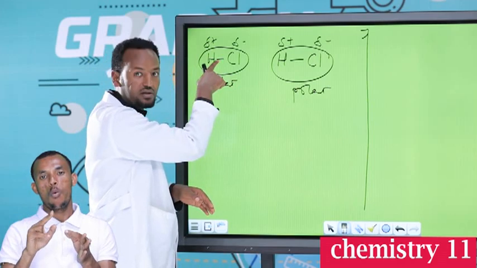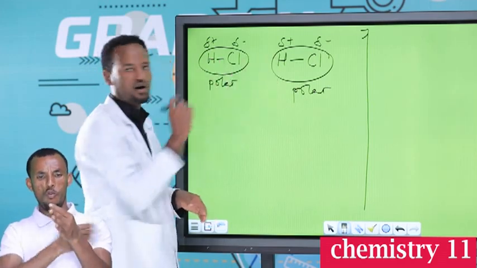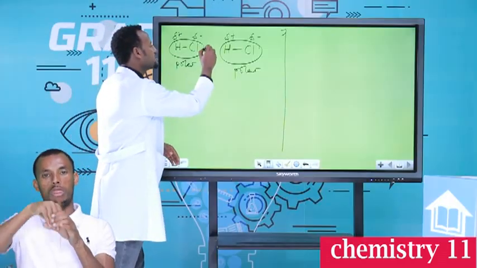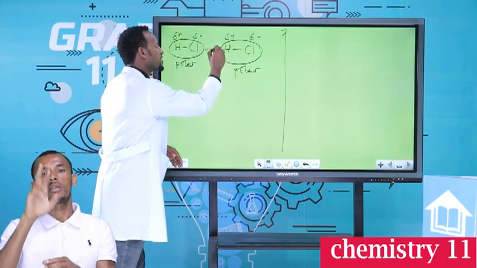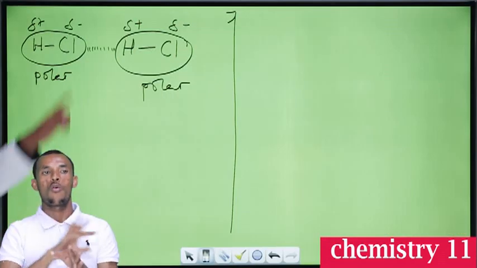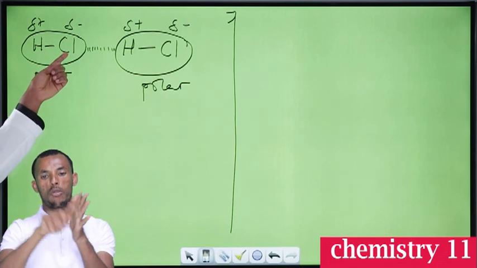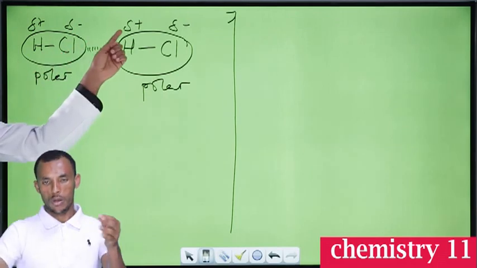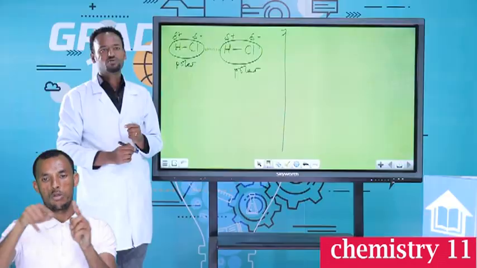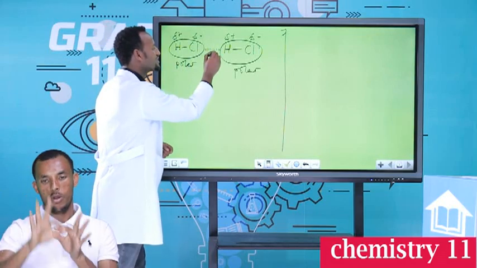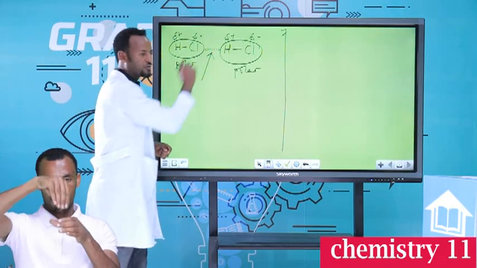Students, please note this one. This is intra. This is again intra. Now, this is intermolecular forces, this one. The partially negative end of one molecule is attracted to the partially positive end of another molecule. Therefore, this one is intermolecular forces.